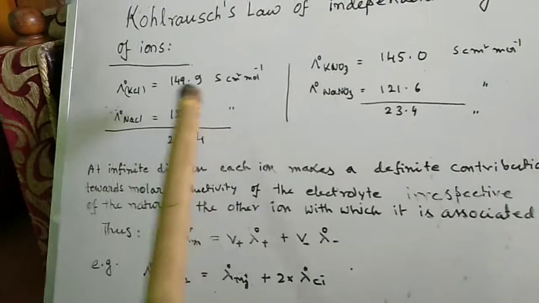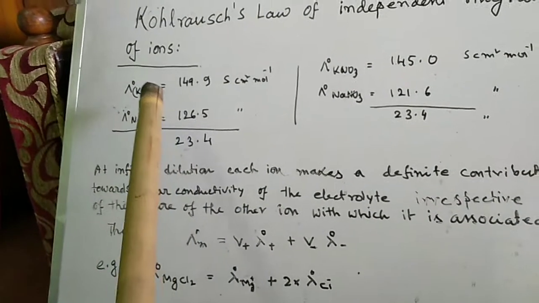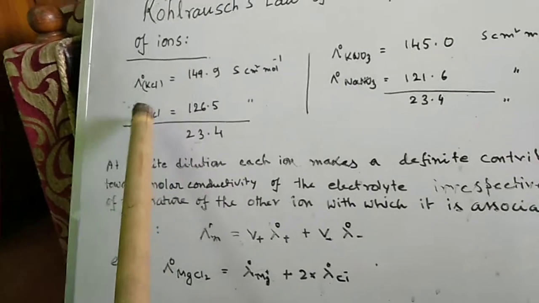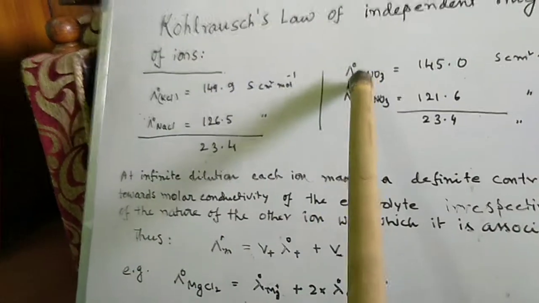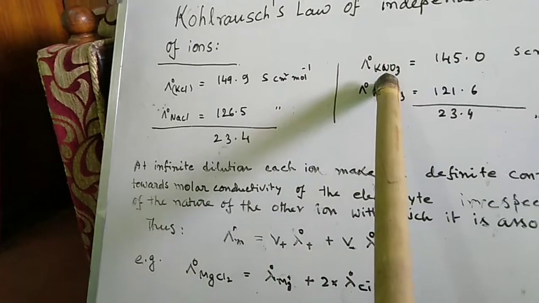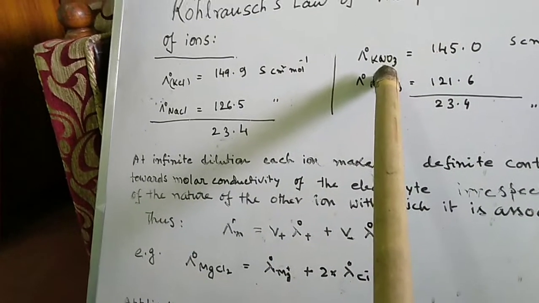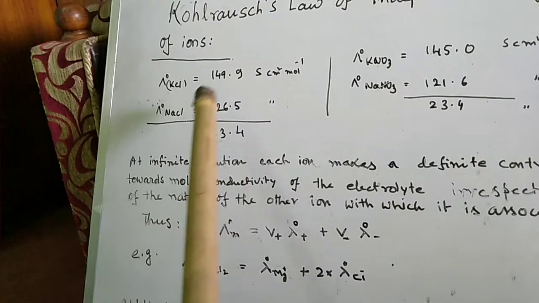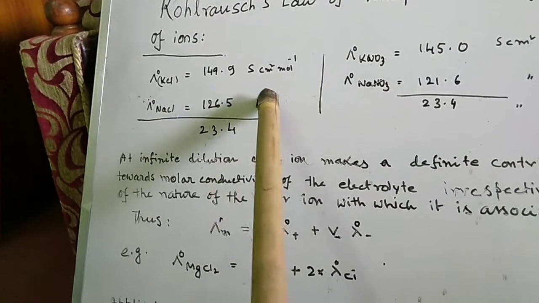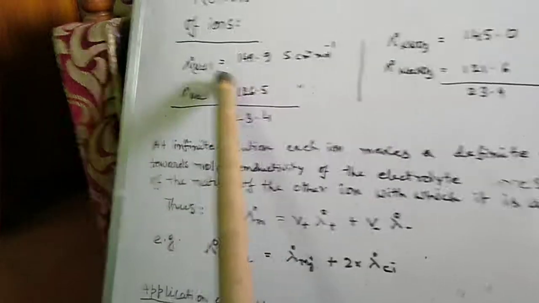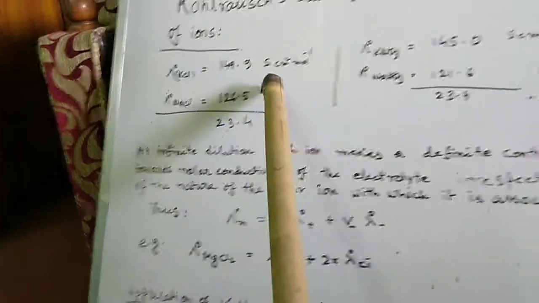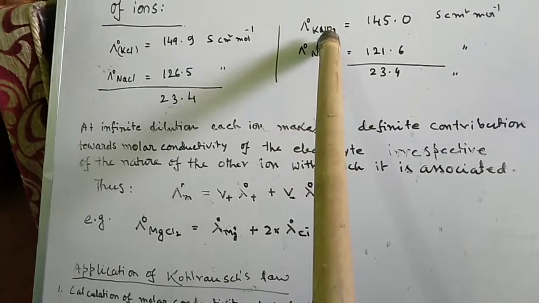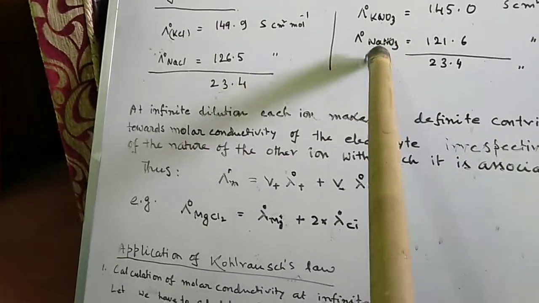That means the molar conductivity at infinite dilution of these cations, K plus and Na plus, is independent of and irrespective of the anion present. Their conductivity is the same at infinite dilution, whatever the anion present here.